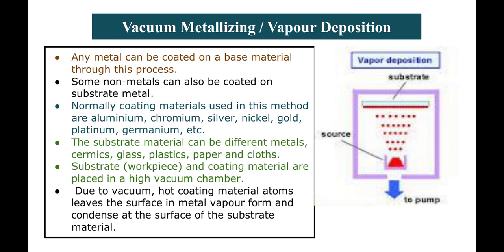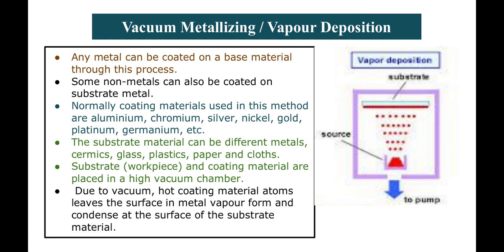Let us discuss the next, that is vacuum metallization. Here it is a vacuum deposition process. Any metal can be coated on the base metal through this process, and some non-metals can also be coated on the substrate metal.